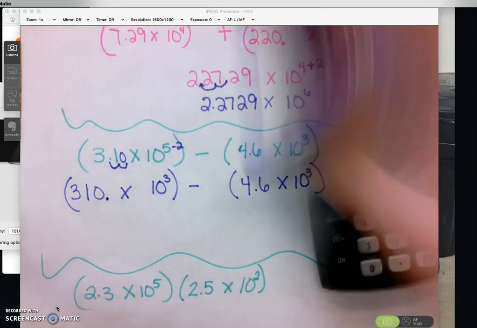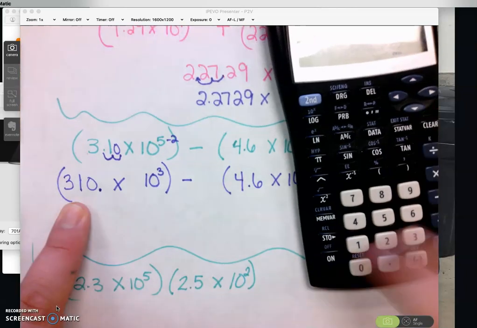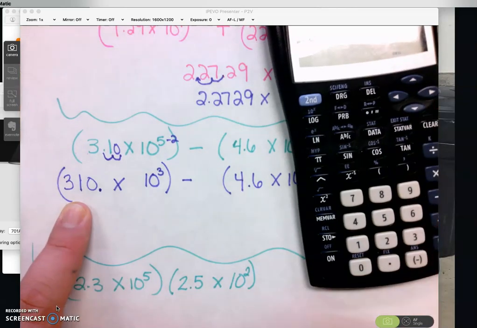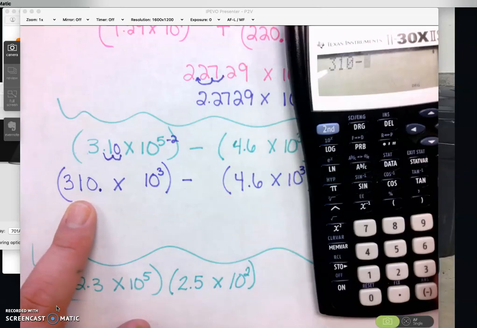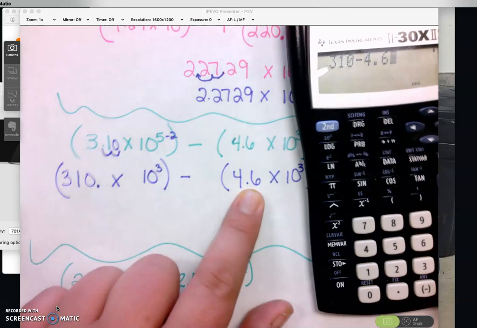Again, taking a calculator, 310 minus, remember you're just subtracting the 2 decimal numbers. So 4.6 is my decimal over here.